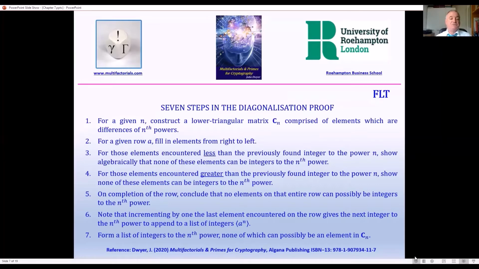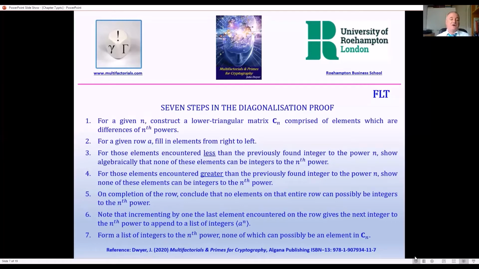We divide into 2 parts. Those elements that we encounter which are less than the previously found integers to the power n, we show algebraically that none of these can be integers to the nth power. For those elements which are greater than the previously found integer, we show that none of these elements can be integers to the nth power.